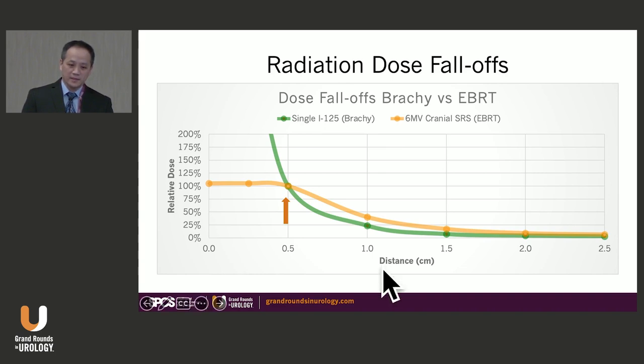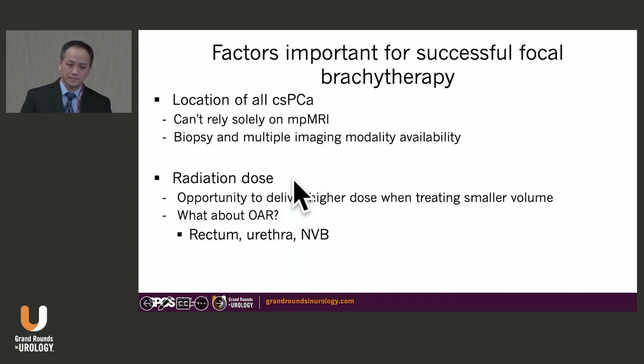You can see it also drops off really fast, within 1 cm it drops off 50%. But compared to the brachy, the brachy drop off is faster. And you can see this is using almost 2 pi angle. It will be hard to apply for the prostate in the body region. So from this figure you can see the brachy source is more preferable for this focal therapy.